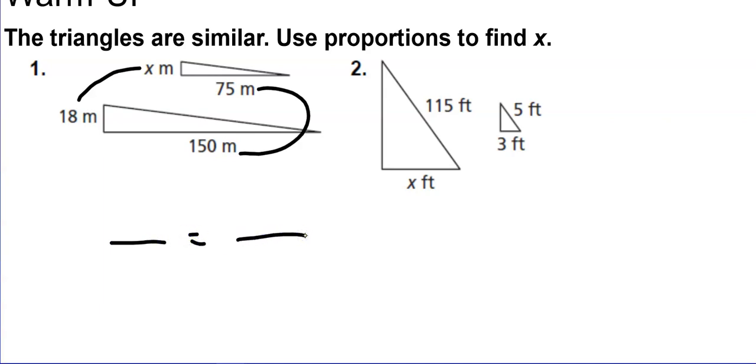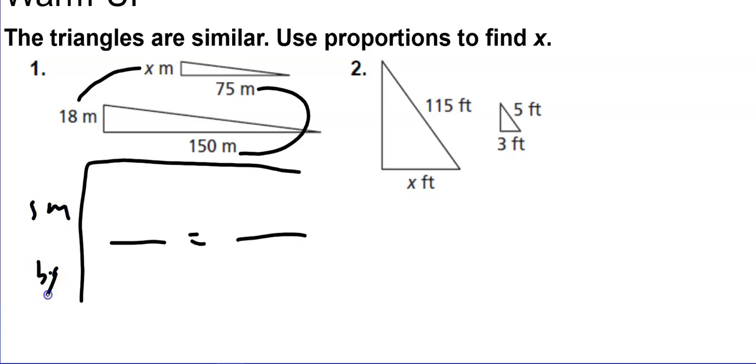Now, I prefer to set up a word wall on the outside and just use terms that make sense, like small and big and side and base or bottom or whatever you want to put.